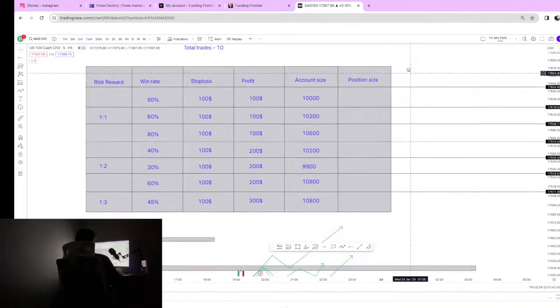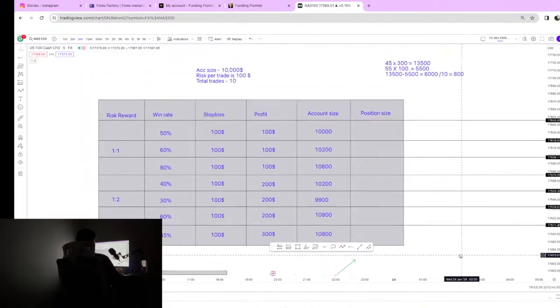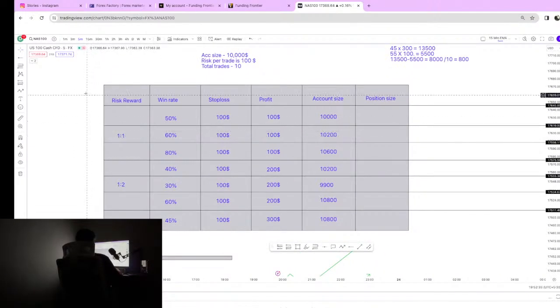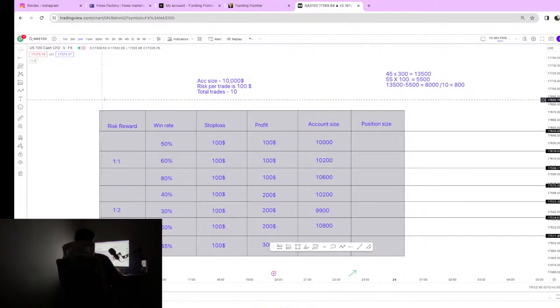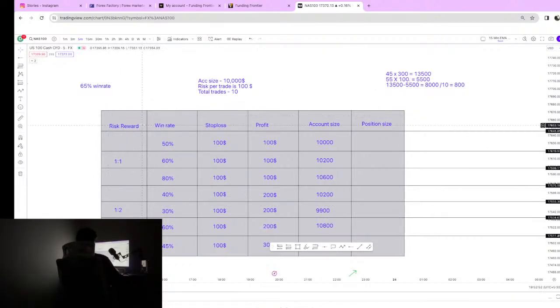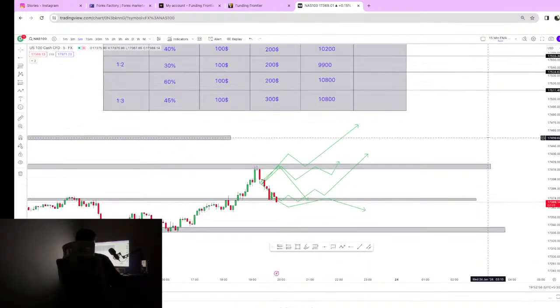I hope things are clear to you now. I think few of you are having doubts. Let me ask you one more question again. Calculate for 1:3 for 65% win rate. 1:3 and 65% win rate. Tell fast. What will be the account size after 10 trades?